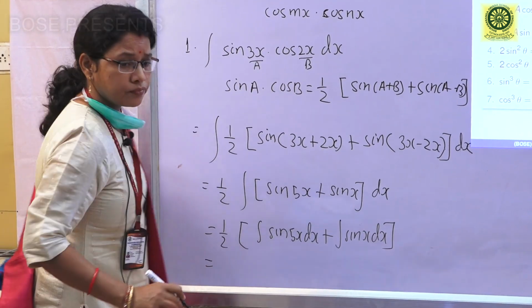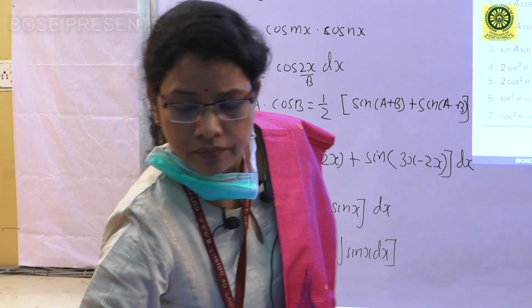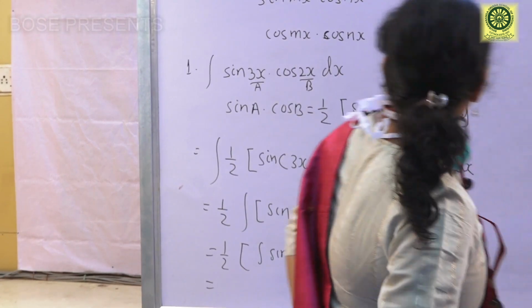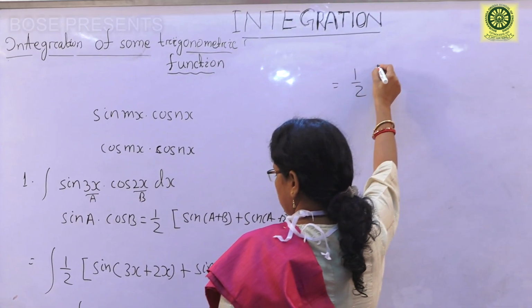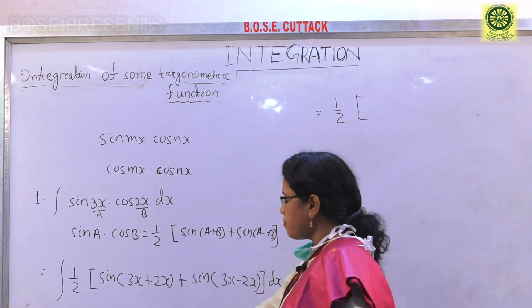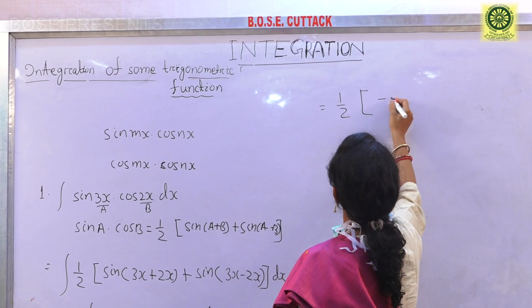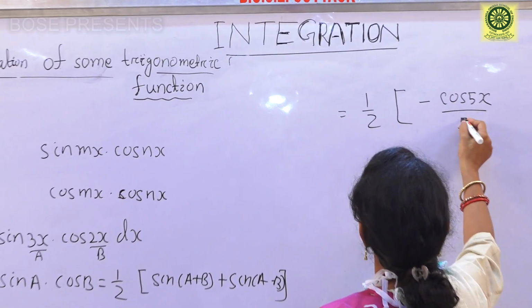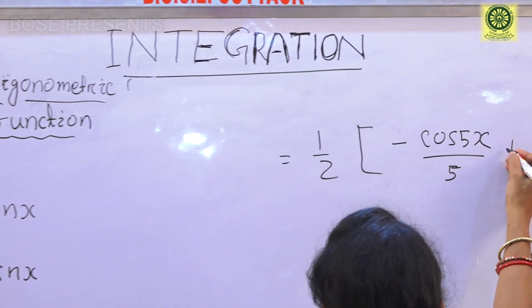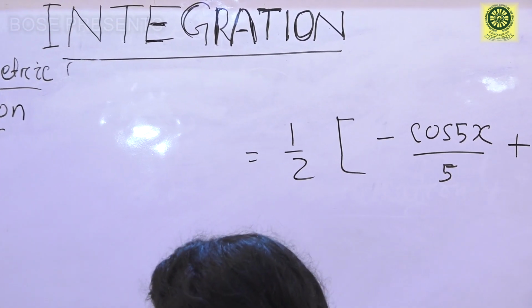Now our next step is 1 by 2, that is, the integral of sin 5x is minus cos 5x divided by 5. Just divide by the coefficient of x here. Then plus sign is here.